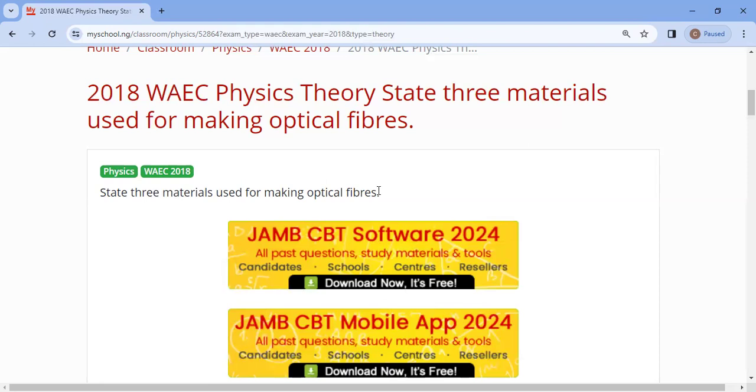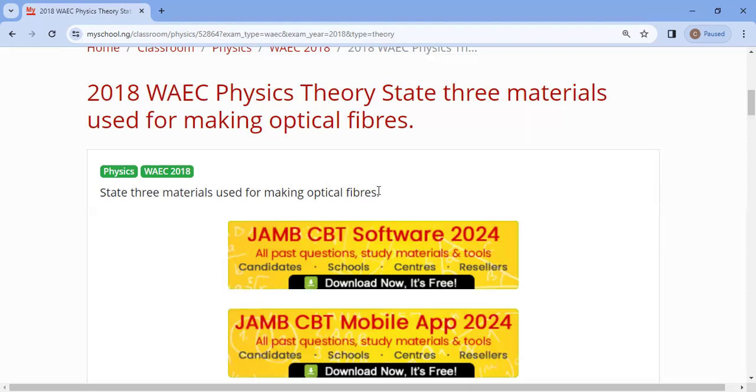Number 2, optical fibers carry more data, that is, they carry more information, because communication is the transfer of information.